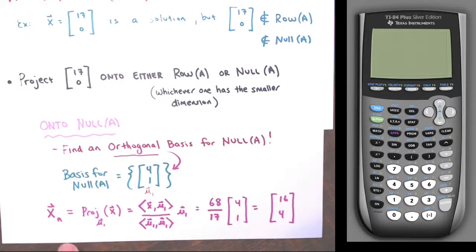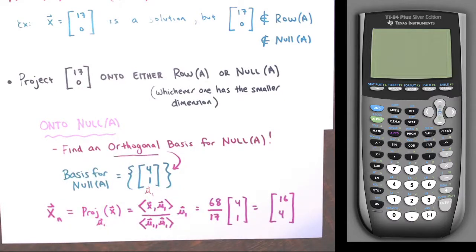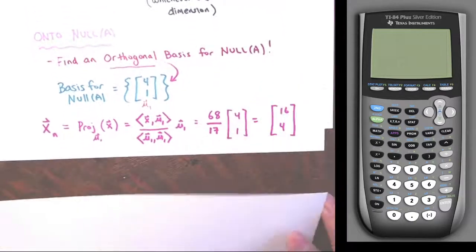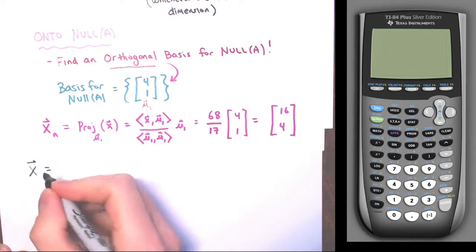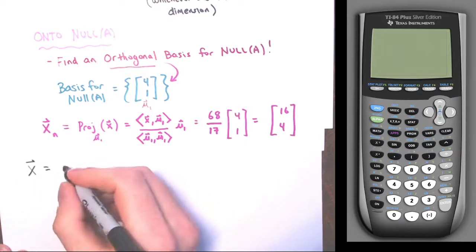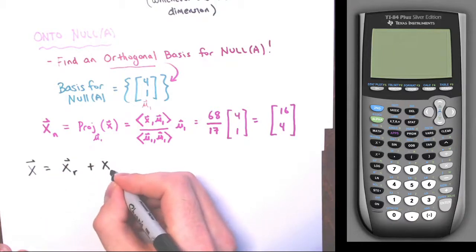Now, I could do the same thing for the row space to find xr. I could project 17, 0 onto the row space as well. But I think an easier way to do it is just a little subtraction. Because remember, we're trying to write our solution 17, 0 as some vector from the row space plus some vector from the null space.